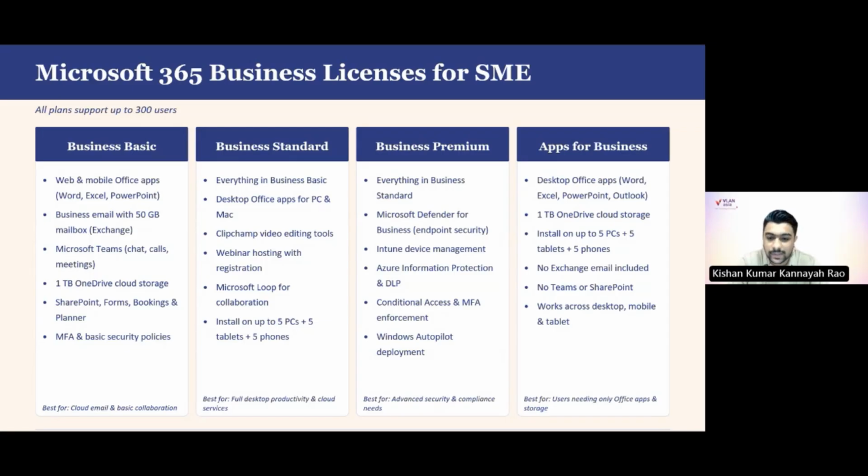EDR is something you should always look for whenever you are looking at endpoint solutions. Make sure you identify whether the endpoint provides an EDR solution or not. EDR is very important and crucial for all endpoints at the moment.